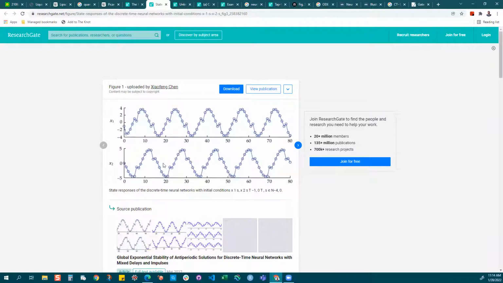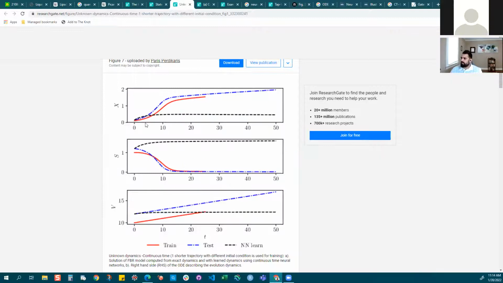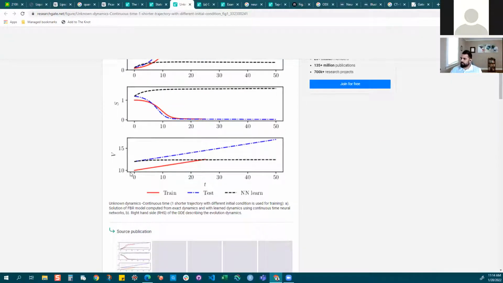We have different time points, t equals 1 second, 2 seconds, and so on, at discrete intervals. Whereas in continuous time neural networks, in this example, if the x-axis were time, we have a continuous sort of result for training data. And this is what is used in this paper.